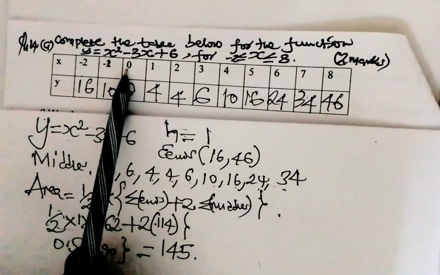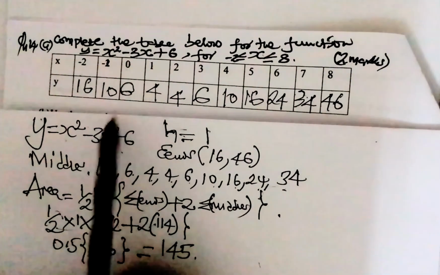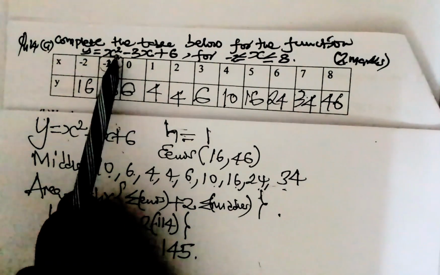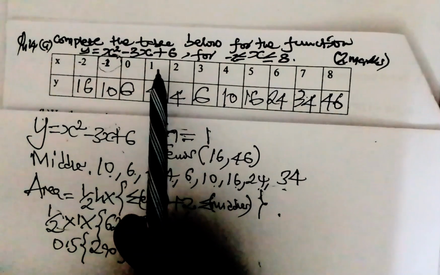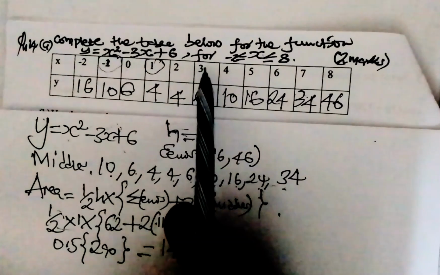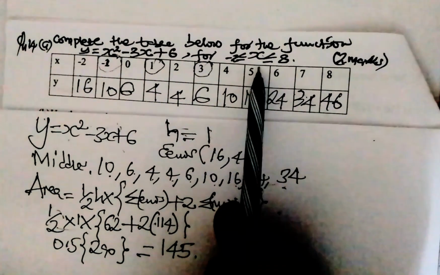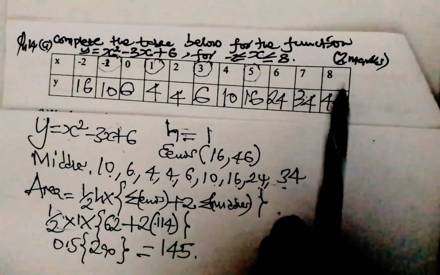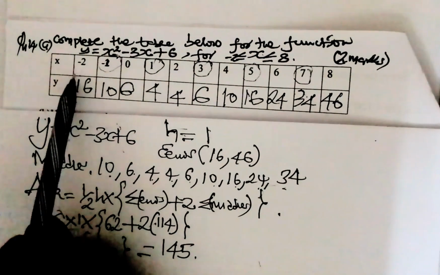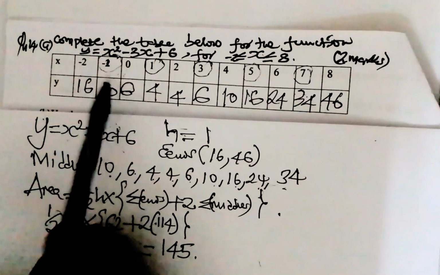Therefore, in this particular case, the first mid-ordinate will be at -1, the second one at +1, the third one at +3, the fourth one at +5, and the last one at +7. So those rectangles will have a base of 2 units each.